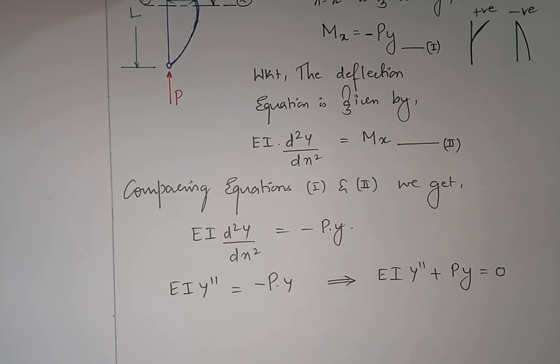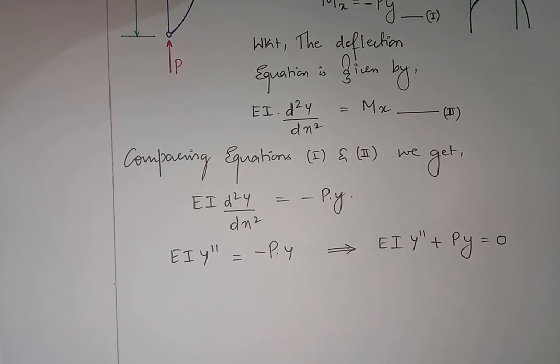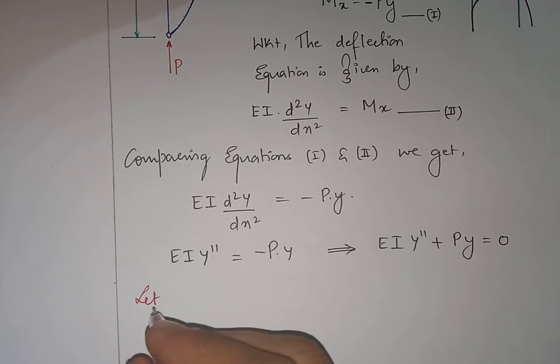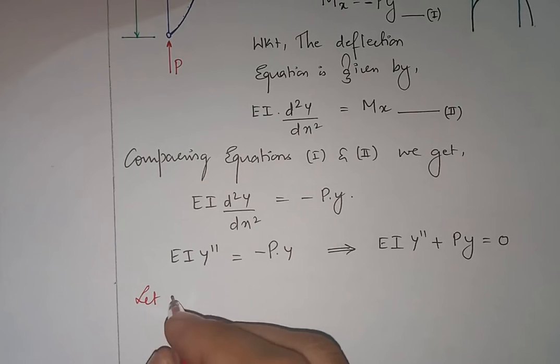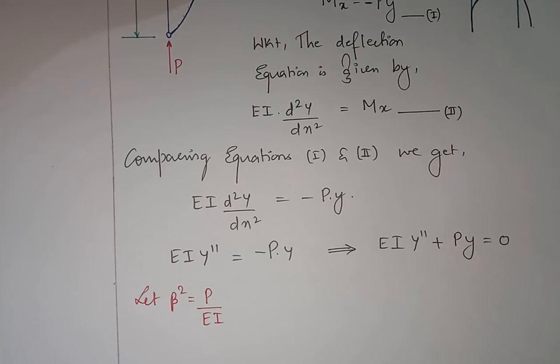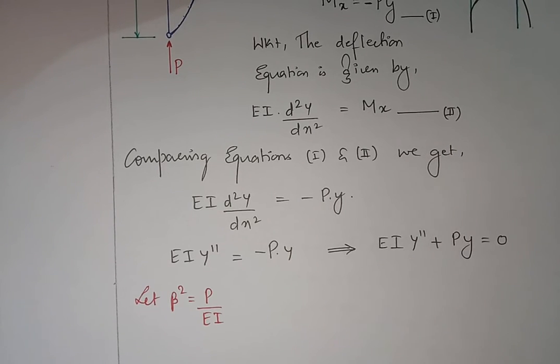Now here, just to simplify things, let beta square is equal to P divided by EI. So in this, beta square is equal to P divided by EI.